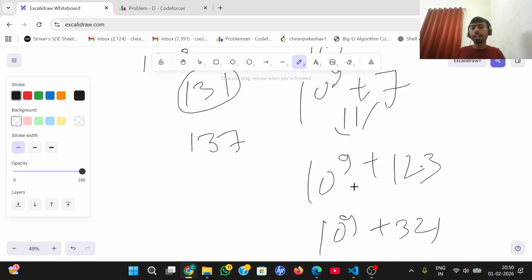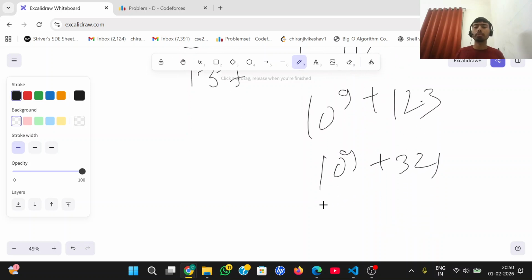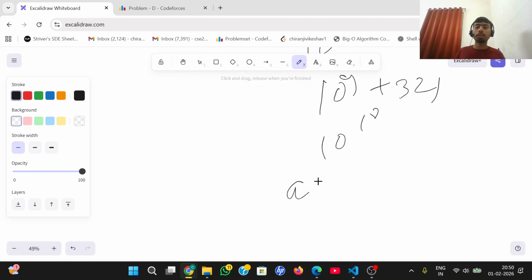Why can't we take the modulus as of the order of 10 to the power 18? Because in that case the chances of collision become very low. But there is a problem if you take the modulus as 10 to the power 18, because after the modulus operation your number still remains up to 10 to the power 18, and if you multiply it, it overflows. So you can't multiply it directly.